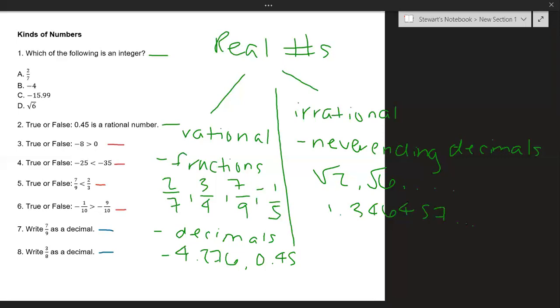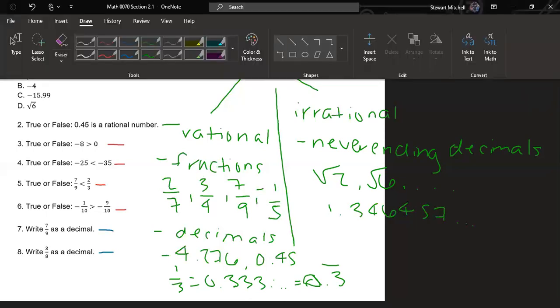An exception to make, though, or not necessarily an exception, but it's important to note, some fractions result in decimals that go on forever, but it's a digit that repeats. For example, 1/3 in decimal form is equal to 0.333, it's just 0.3 and it goes on forever. And we denote that as 0.3 repeating. So that would take care of that there.